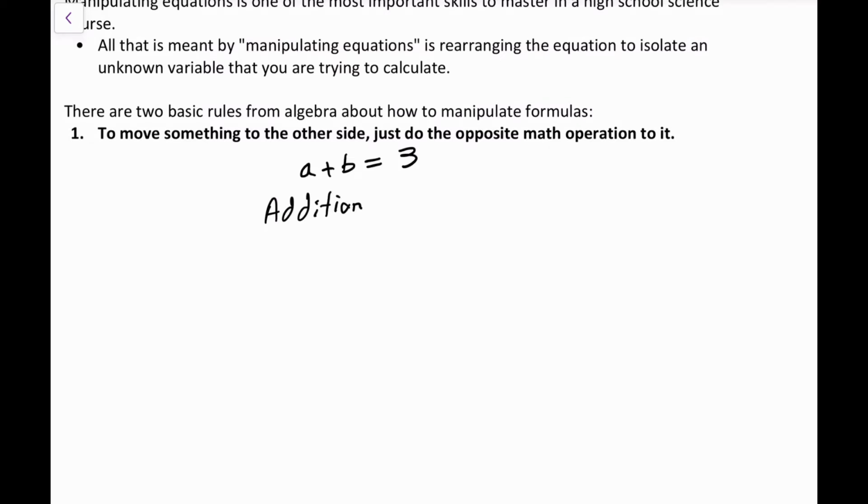The opposite of addition is subtraction. This goes backwards as well: if you have a subtraction, then it becomes an addition. So addition and subtraction are opposites.